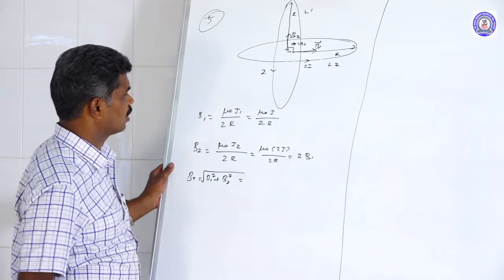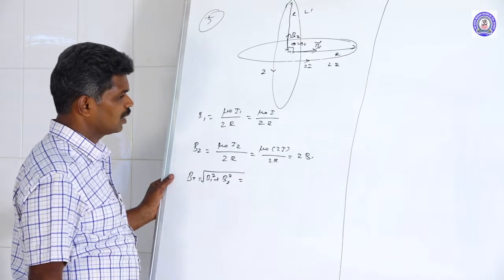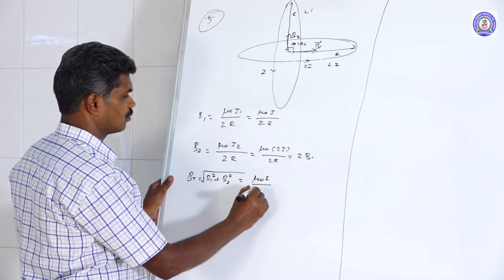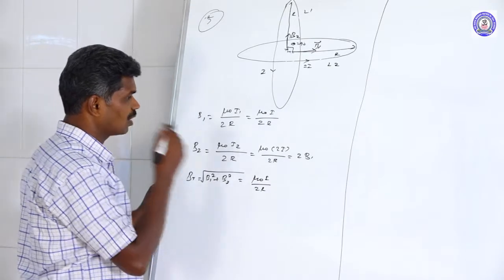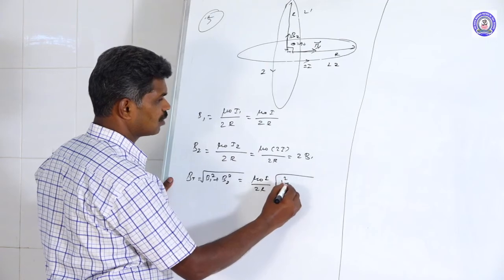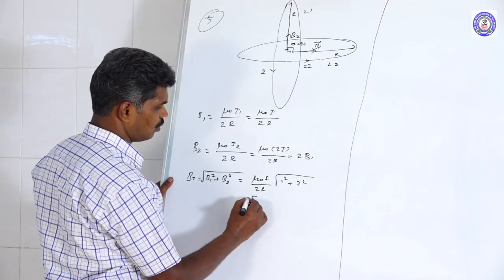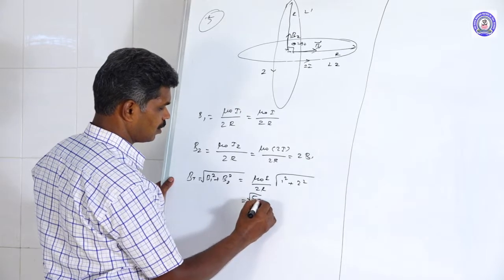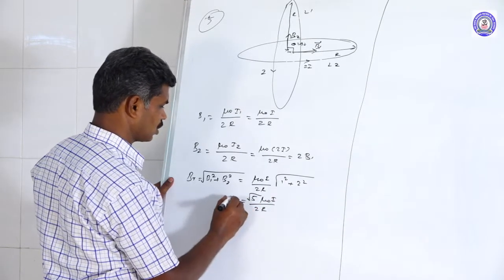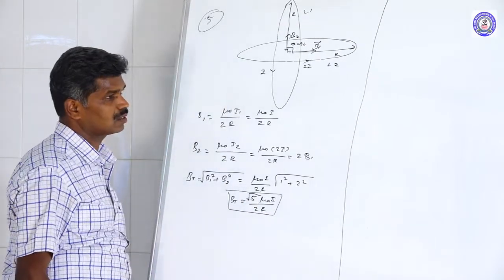The common factor, mu naught I by 2R, is taken out. The remaining part is square root of 1 square plus 2 square, equal to root 5 into mu naught I by 2R. That is the resultant magnetic induction due to the two concentric circles.